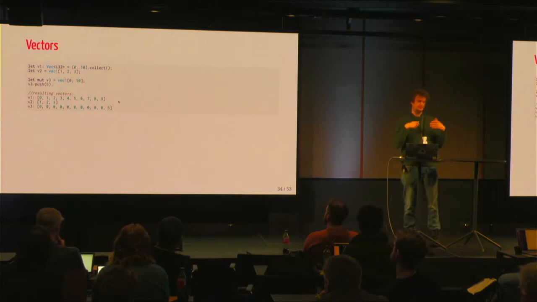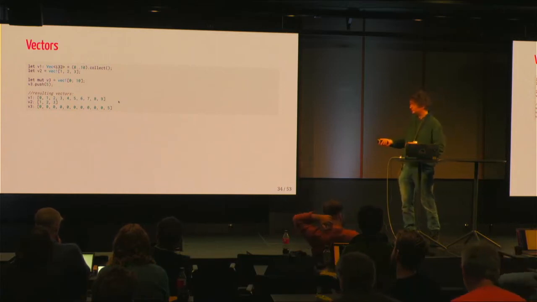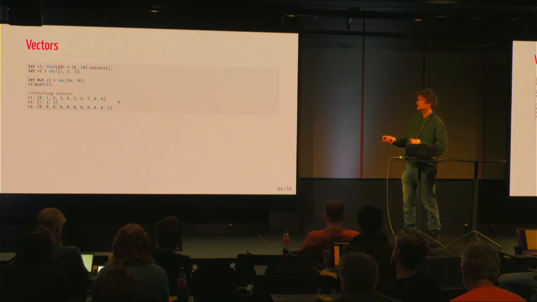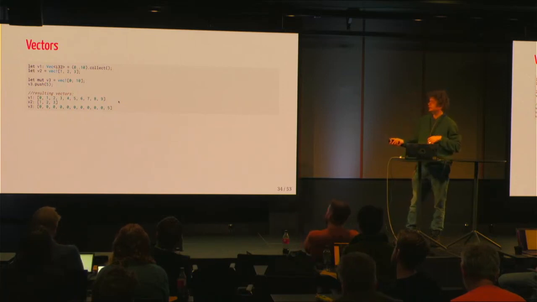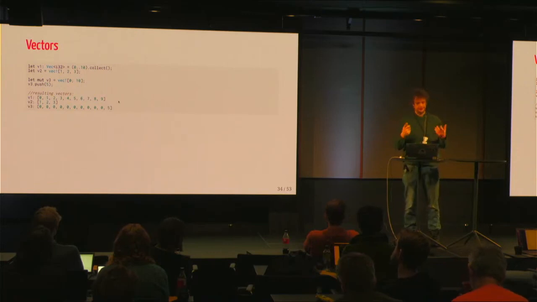Another way of doing that is by using the macro notation, as we've become familiar with a bit now. This is a vector with 3 slots with the numbers 1, 2, 3. But we can also define a mutable vector by using the macro notation.